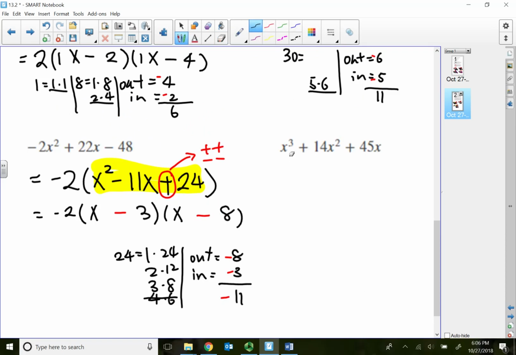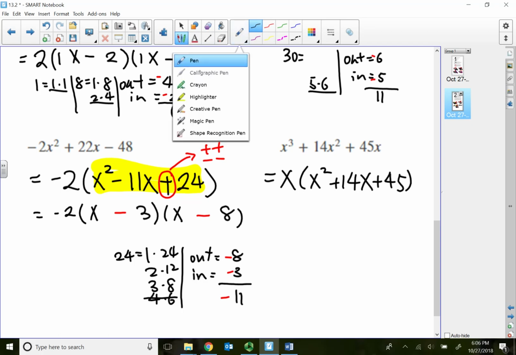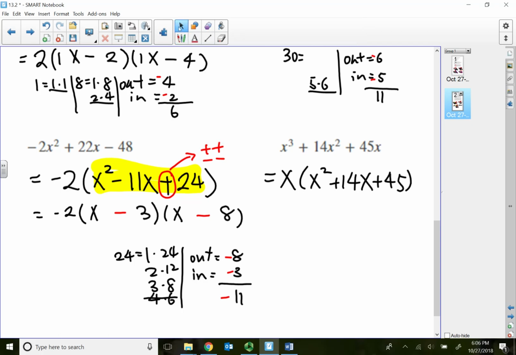All right, this one, I believe I do have a greatest common factor of x. I can factor that out. When I factor that out, that should give me x squared plus 14x plus 45. Just factor out the x. Now if I check what's inside the parentheses, this is a trinomial, so that can be factored.